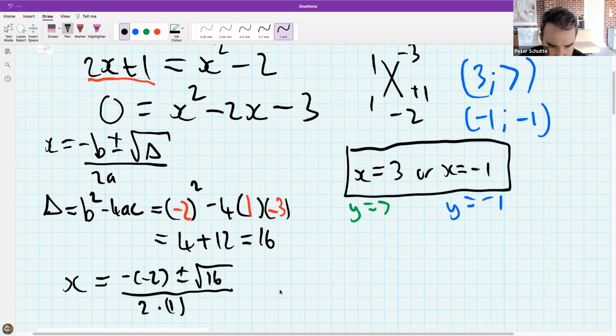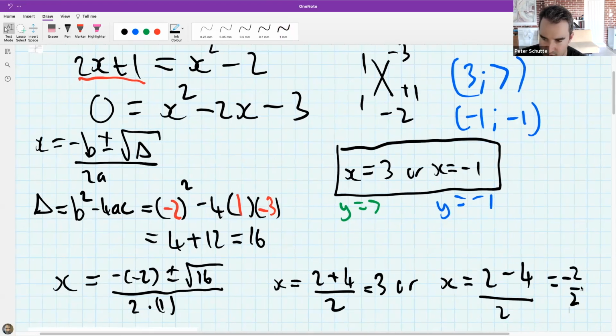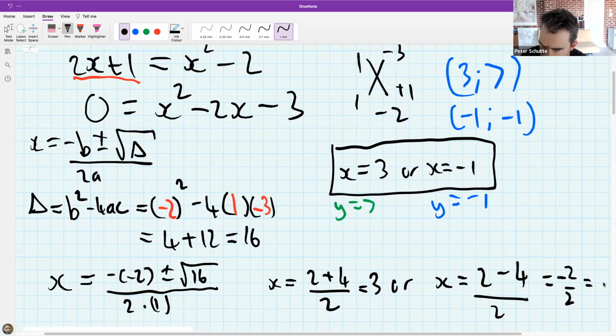So x is 2 plus the square root of 16, which is 4, over 2, or x is 2 minus 4 over 2. That's going to give us 3, and this is going to give us -2 over 2, which is the same as -1.